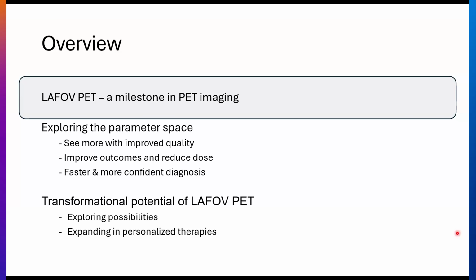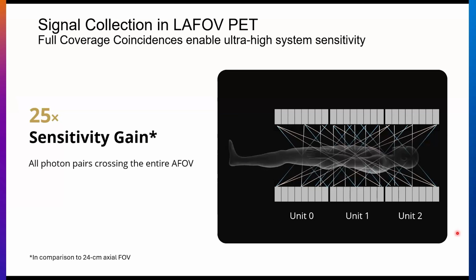Let's talk a little bit about the milestone, which was beautifully introduced by Simon. It's a pleasure to follow such a wonderful talk. This is really just repeating the principles that Simon has introduced in terms of extending the detectors all the way along the body and increasing the sensitivity.